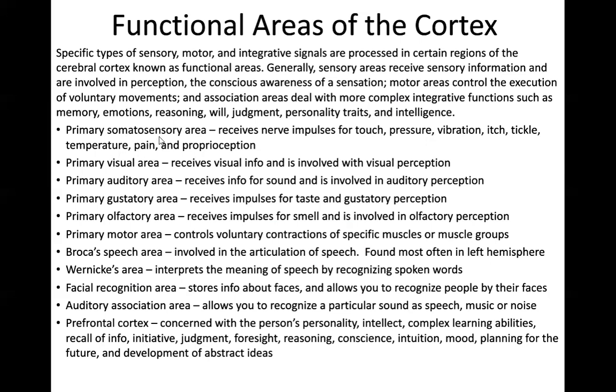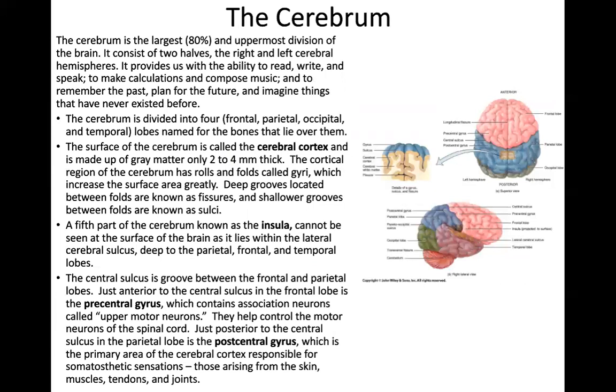The first of which is the primary somatosensory area, which is where nerve impulses for touch, pressure, vibration, itch, tickle, temperature, pain, and proprioception sensations go. If I go back to this previous page, this postcentral gyrus, right there behind the central sulcus, is where those sensations are going.